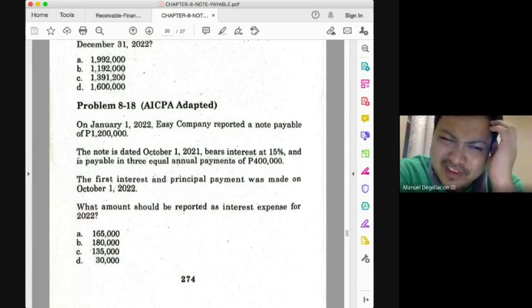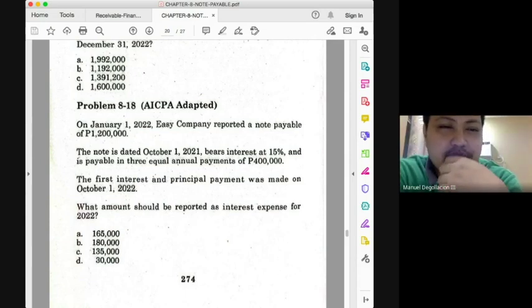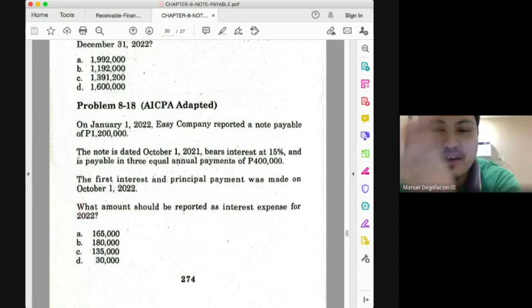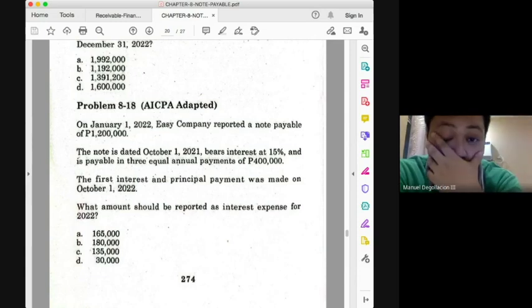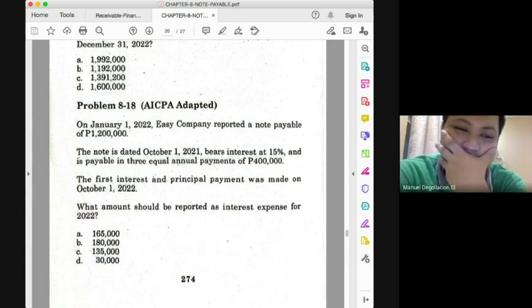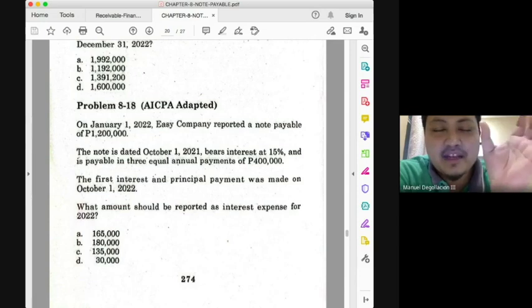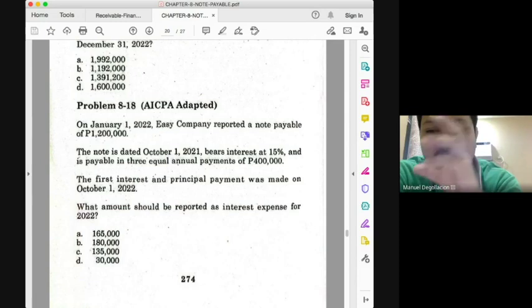Okay, so the unique thing about this problem is that during the year, the principal balance changed. So our computation here should have two components. The interest earned by the principal at this amount before the first payment, and then the interest expense on the principal after the first payment.